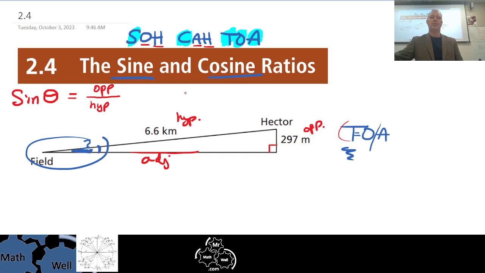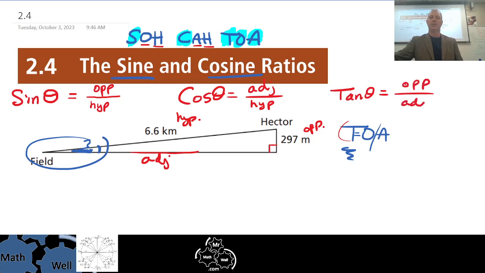And C is for the cosine. So the cos of angle theta is the adjacent side, that's A, divided by H, or hypotenuse. And just to round it out, that we've already studied, the tan is opposite divided by adjacent. Okay?